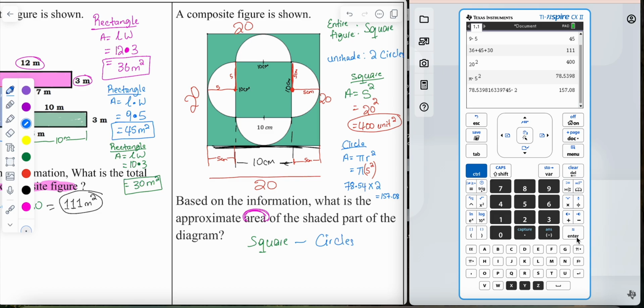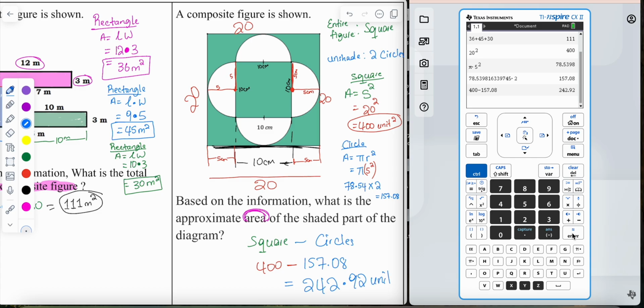So the area of the square we have is the 400 minus the circles, which is 157.08. You can just use your calculator quickly: 400 minus 157.08. Enter. So then our answer is going to be 242.92 unit squared.